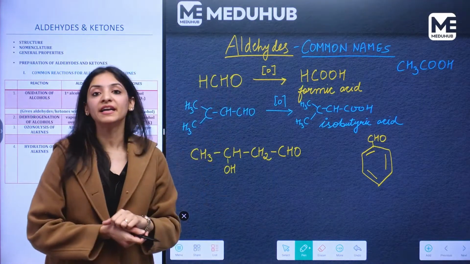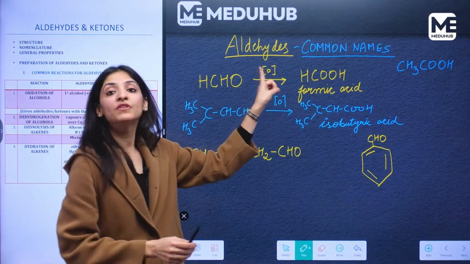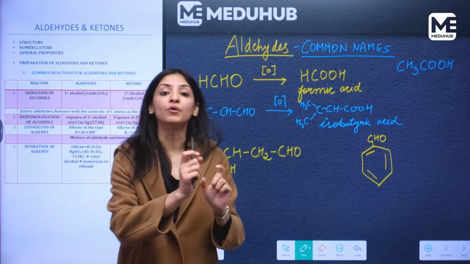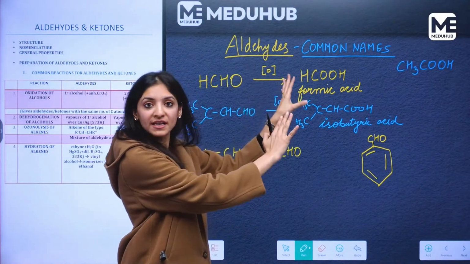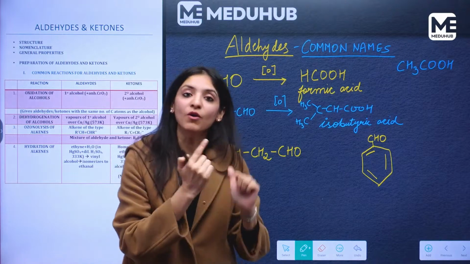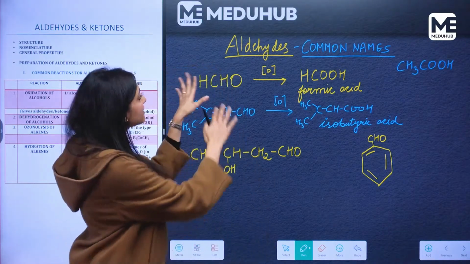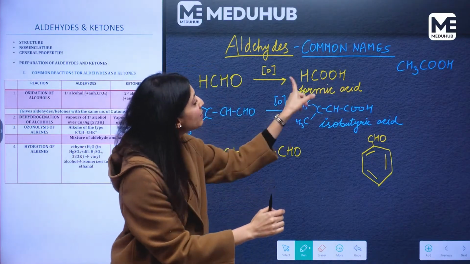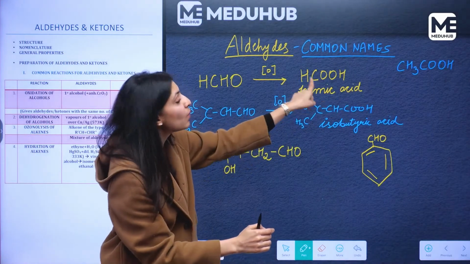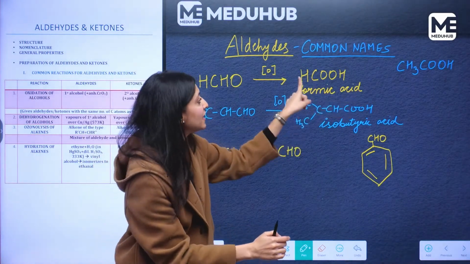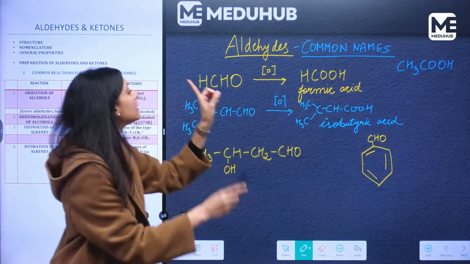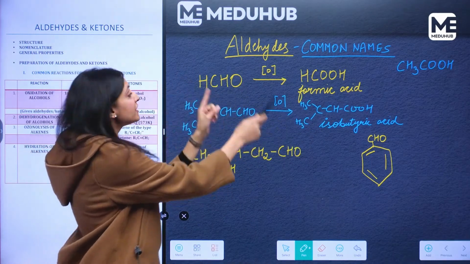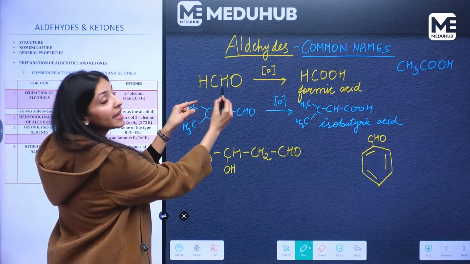If we talk about aldehydes, the common names of the aldehydes are derived from the name of the carboxylic acid which they form upon oxidation. So take this example here. The common name of this carboxylic acid which contains one carbon atom is formic acid, HCOOH. Now the aldehyde from which it is derived is HCHO.